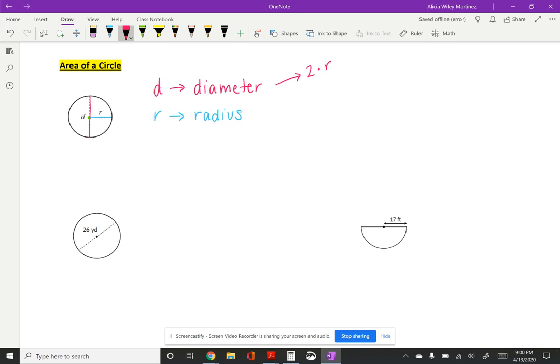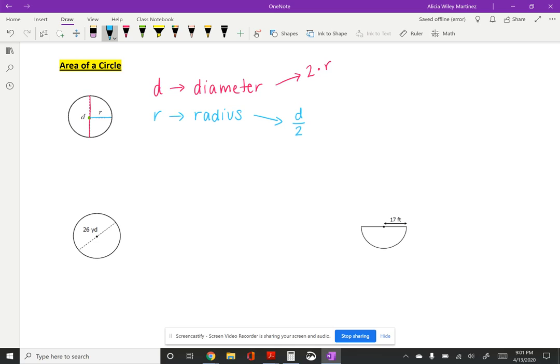It's another way to think of the length of the diameter. Now for the radius, another way to think about it is that the radius is half of the diameter. So if I take the diameter and divide it by 2, I will get the length of the radius.